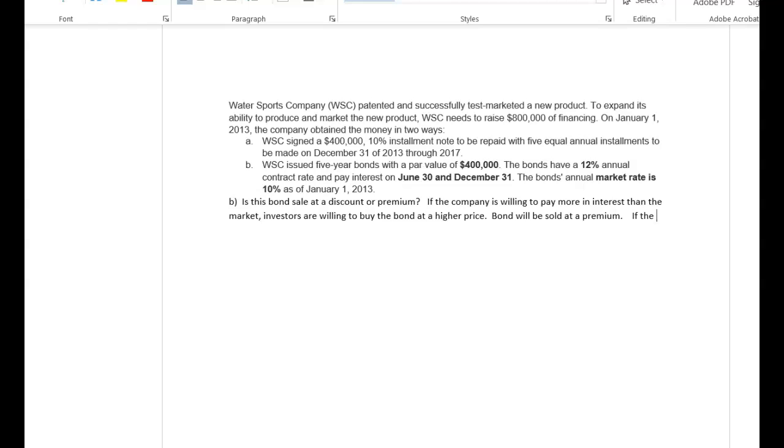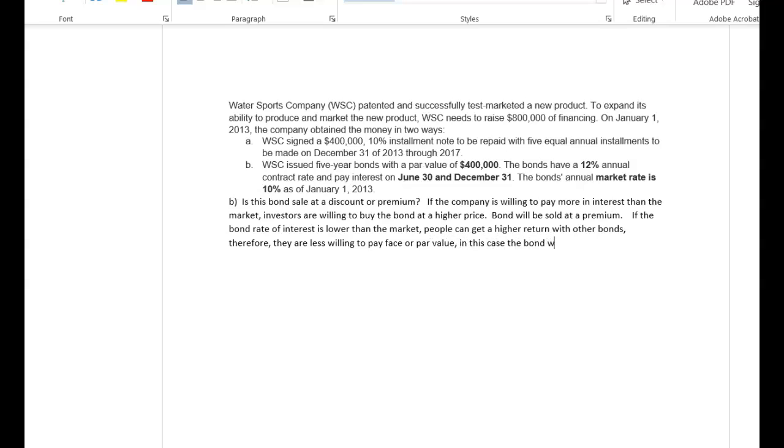However, if the bond rate of interest is lower than the market, people can get a higher return with other bonds. Therefore, they are less willing to pay face or par value, in which case the bond will sell at a discount.